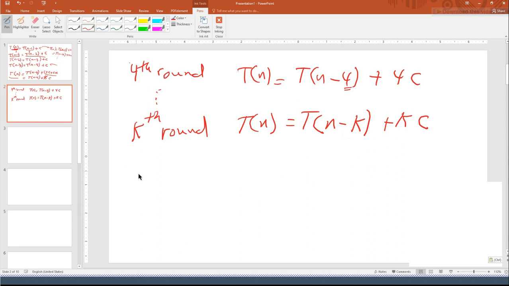So when should we stop? We cannot go forever. At some place we should stop. We will stop the rounds when n minus k equal 1. Then we stop the equation. Why? Because when n minus k equal 1, then we reach the T of 1. And if you reach the T of 1, you have to stop, because that is the end.